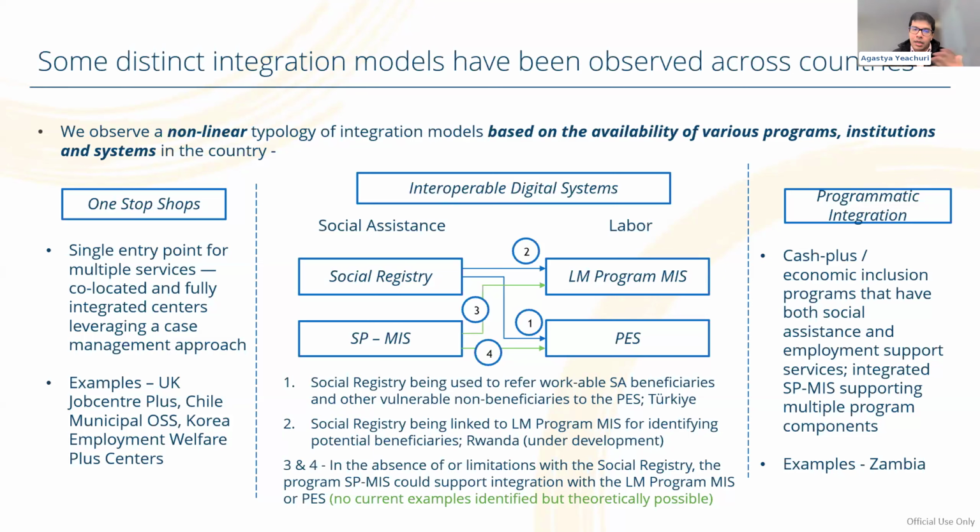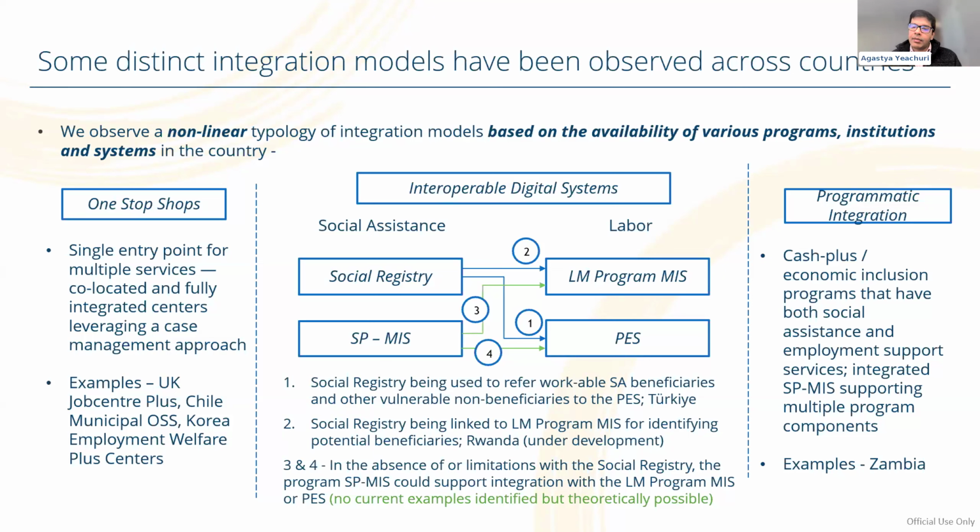And if there is no social registry, or it's at a very nascent stage, you could also have the social protection MIS for, let's say, the largest cash transfer program or other programs being linked with labor market systems to support, again, these referrals and eligibility checks and so on.